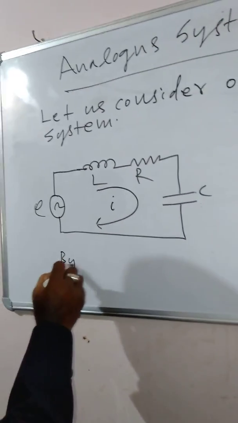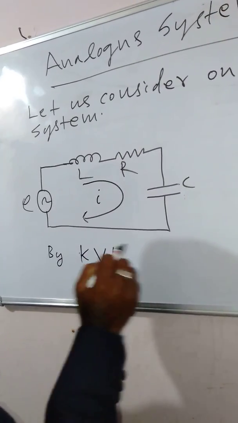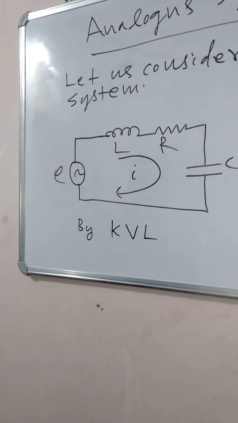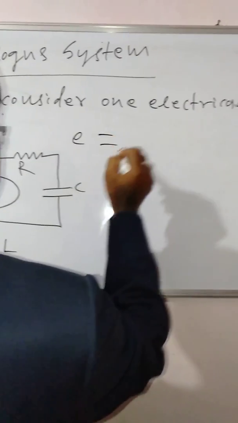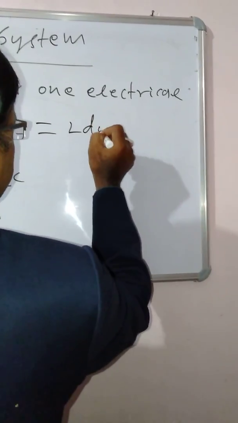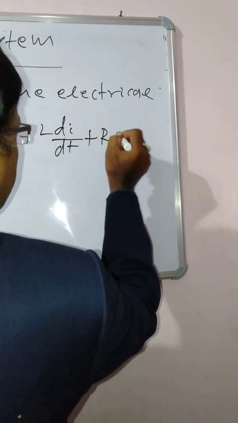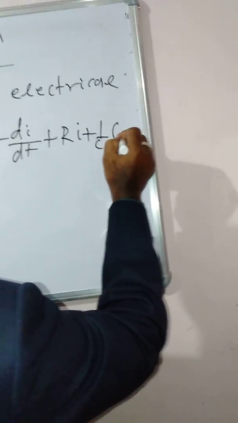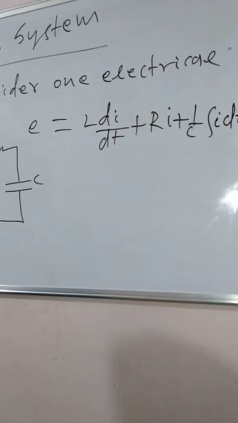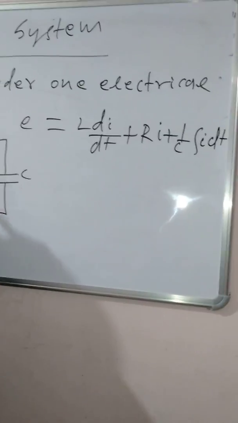By applying Kirchhoff's voltage law, or KVL, we get E is equal to L di by dt plus Ri plus 1 by C integration of i dt. This is the voltage equation for this circuit.